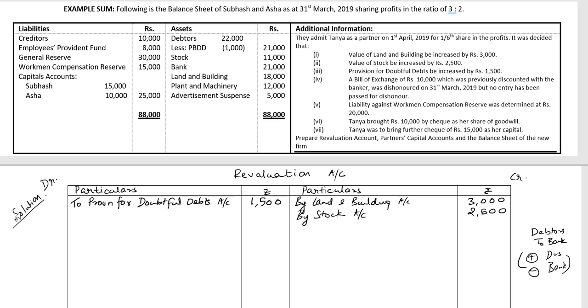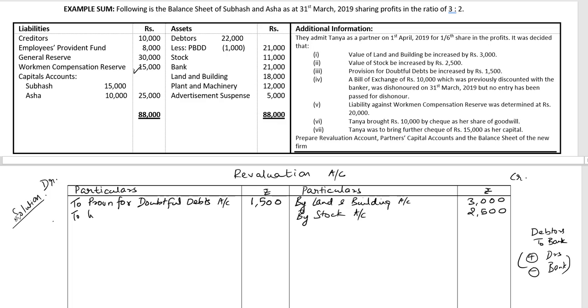It says that the liability against workmen compensation reserve was determined at rupees 20,000. Now, as per the balance sheet, we have a workmen compensation reserve of rupees 15,000. The liability is more than that of the reserve, so the difference of 5,000 we need to create by debiting the revaluation account.